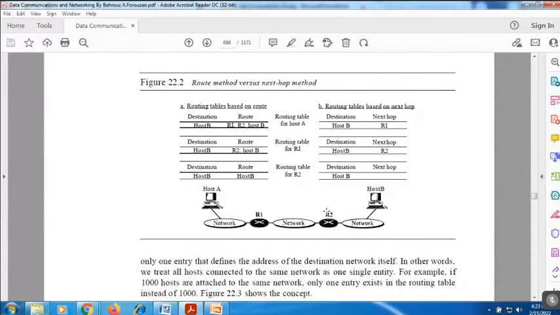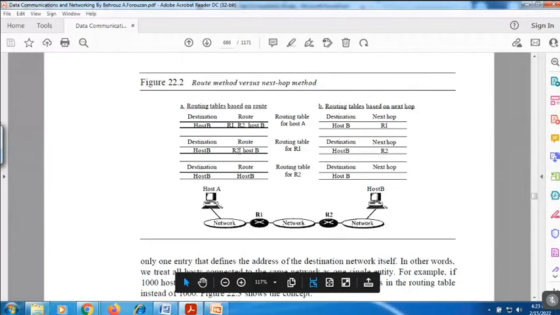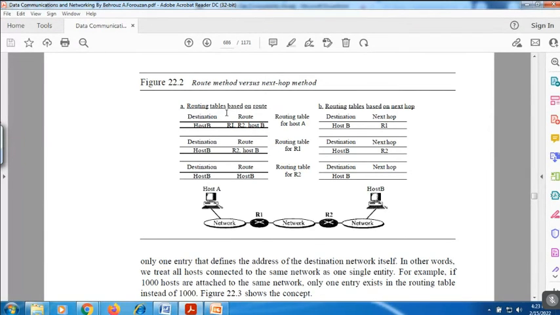Here one example is there. So what is the example given, that is ఇప్పుడు రూటింగ్ టేబుల్ మీద అయినా కానీ డెలివరీ ప్రాసెస్ జరగవచ్చు. ఓకే, నెక్స్ట్ హోప్ బేస్డ్ అయినా కానీ డెలివరీ ప్రాసెస్ జరగవచ్చు.